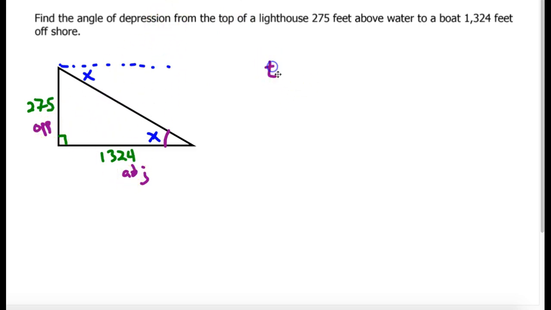So my setup will be tangent of the angle. So tangent of x equals opposite over adjacent. So to get x by itself, to get it outside of the tangent function, I need to take the inverse tangent of both sides.